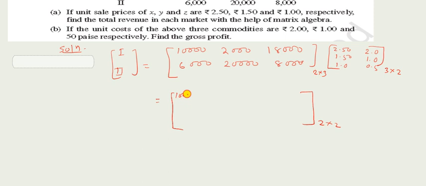So 10,000 multiplied by 2.5 plus 2000 multiplied by 1.5 plus, next it will be 18,000 multiplied by 1.0.